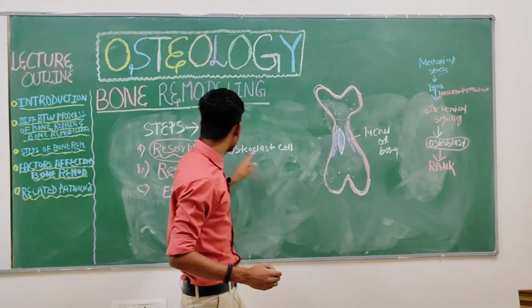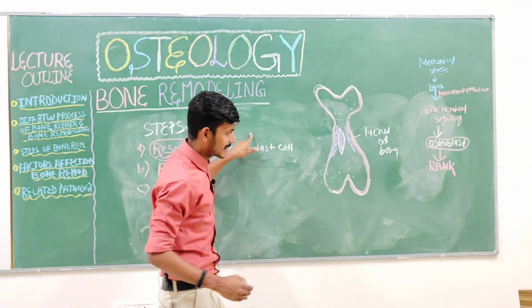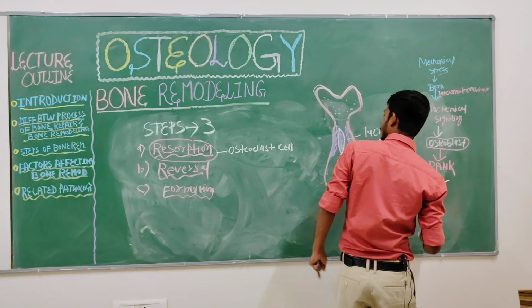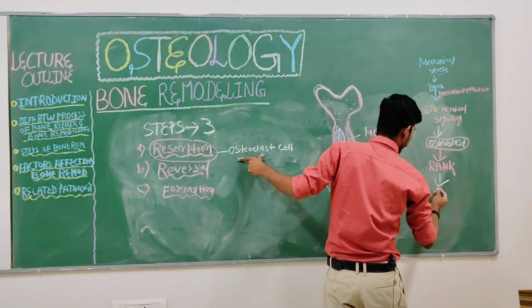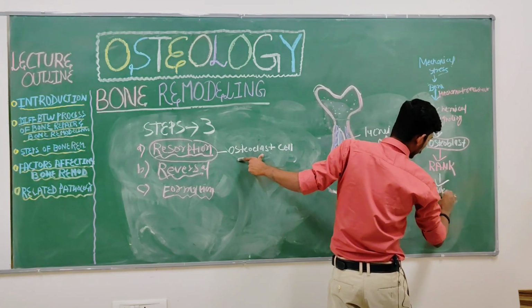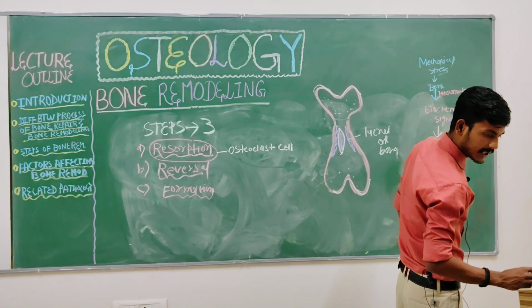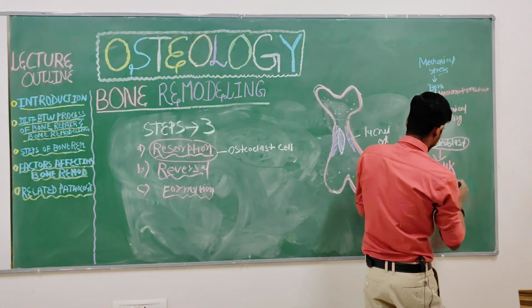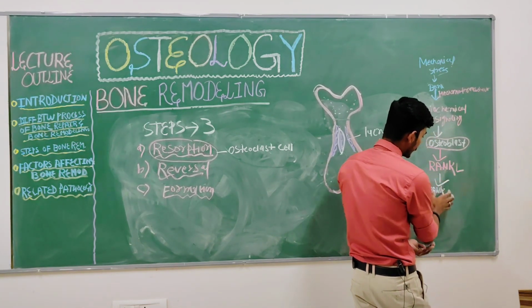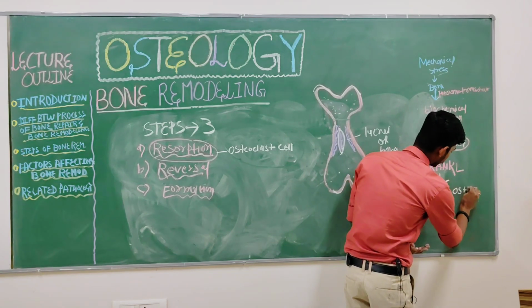Their receptor is present in the osteoclast cell. That is called the RANKL ligand, and the receptor which is present is called RANK, and it is present in the osteoclast.